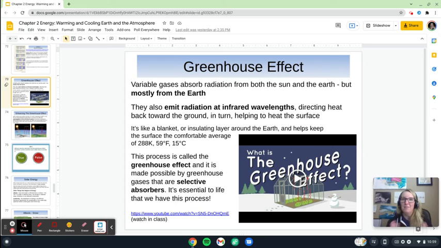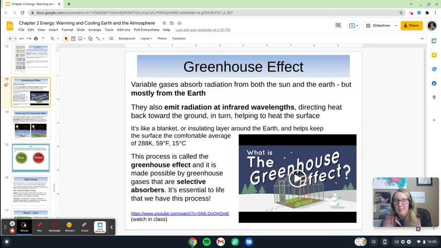So, variable gases absorb most of the radiation from both Earth and the sun, but mostly from the Earth. They also emit radiation in those same wavelengths, directing that heat energy back towards the ground, where the Earth surface will absorb it again, and out to space.